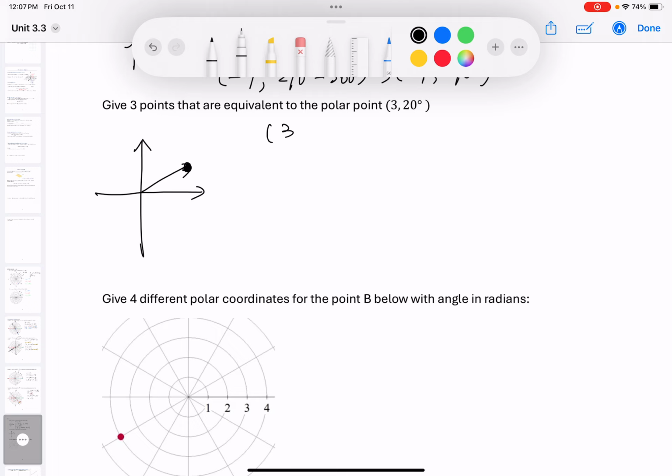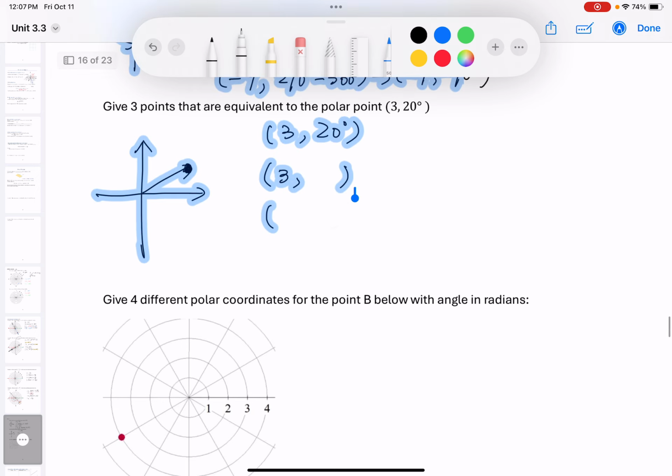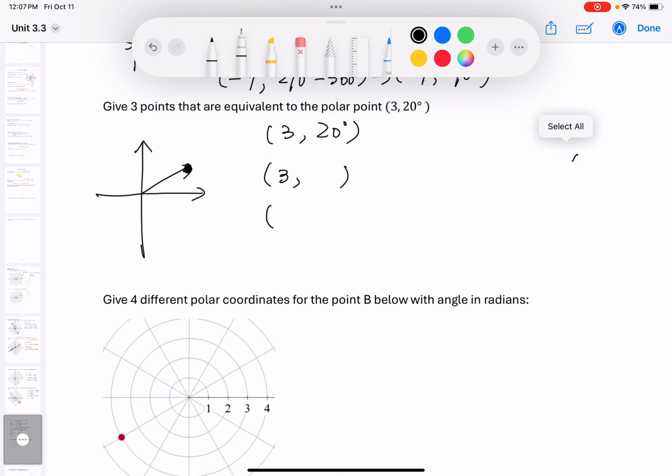Another point also has r equal to 3, and another has r equal to -3. The second one has the same r as the given point, so I can find the coterminal of 20, which is 20 degrees minus 360. You can also add 360. It all depends on the question.